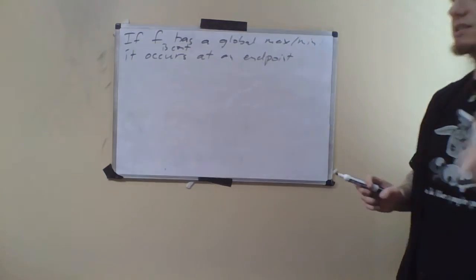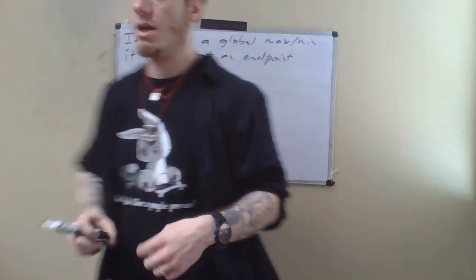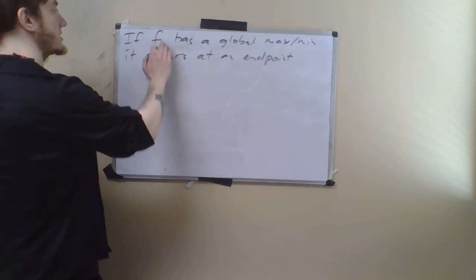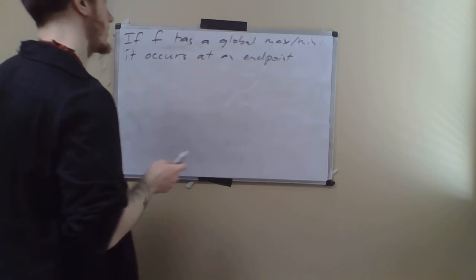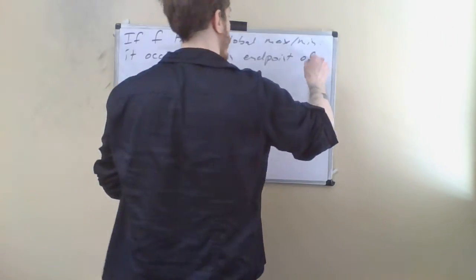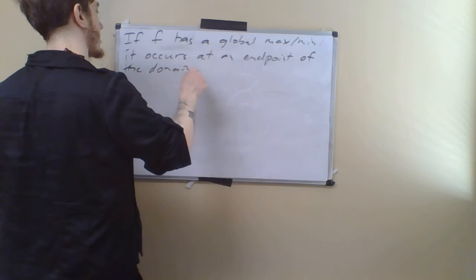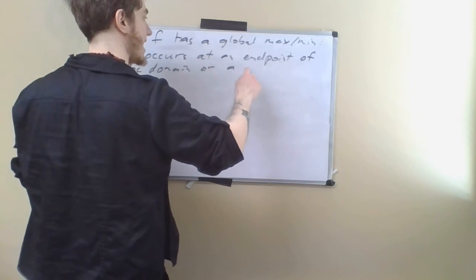So if there's discontinuities, then, well, actually, that's taking care of business. So we can drop that, because if it has a discontinuity, all discontinuities are critical points. At an endpoint of the domain, or at a critical point.